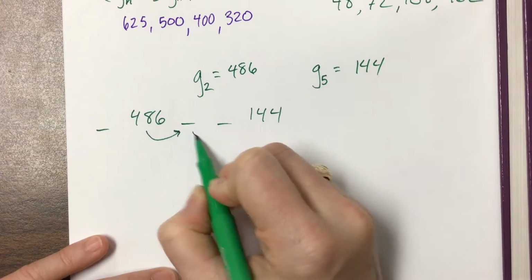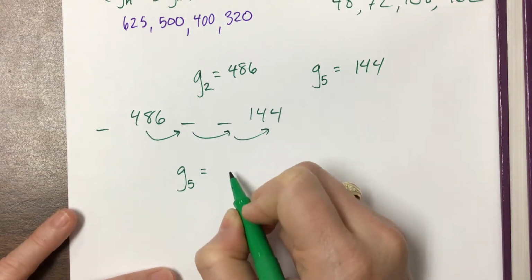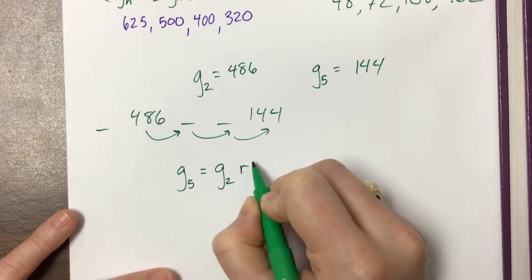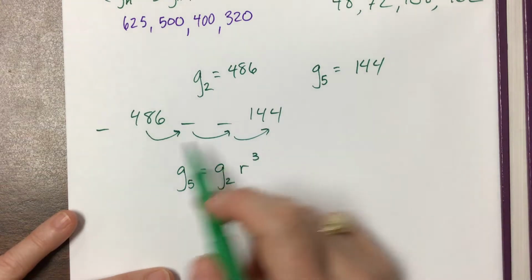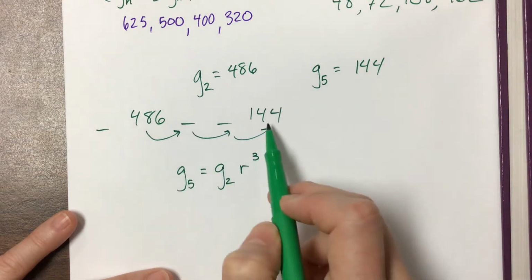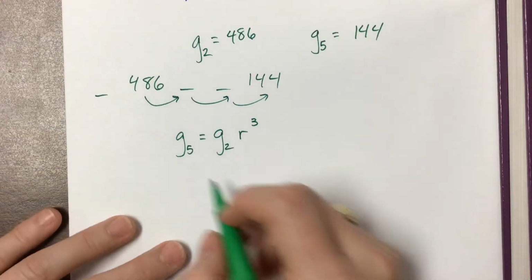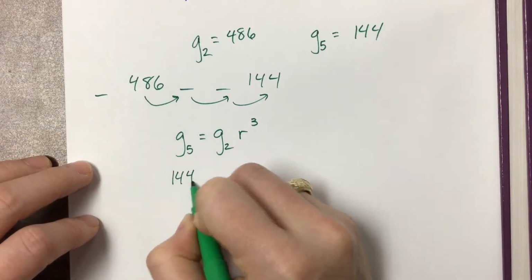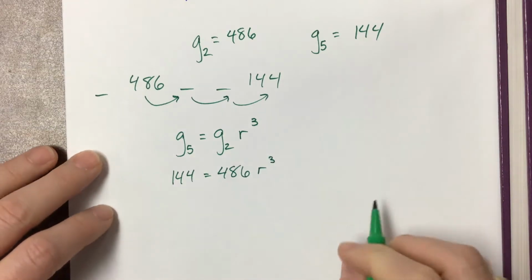To get g sub 5, I'm going to start at the g sub 2 term and take r and cube it. So I'm multiplying by r 3 times, and also 5 minus 2 is 3. So then I can plug in the pieces that I know. 144 is equal to 486 times r cubed.